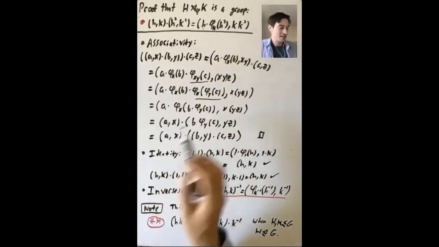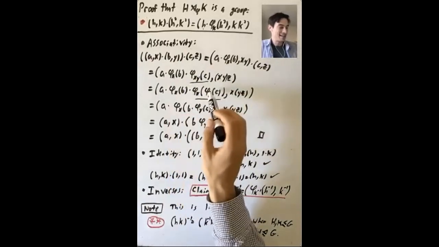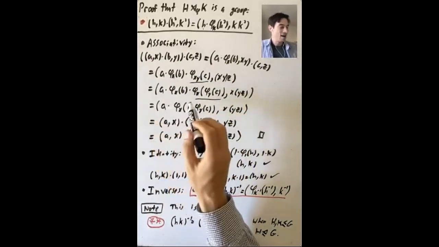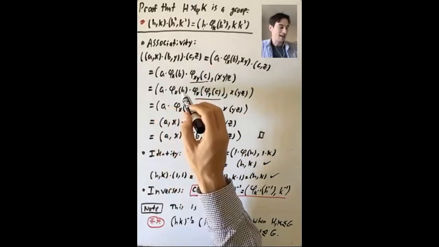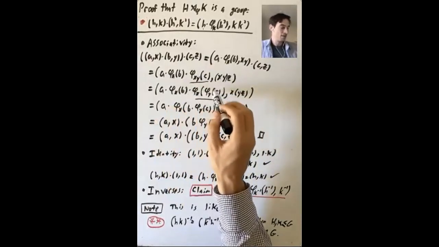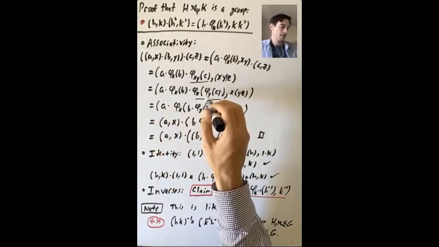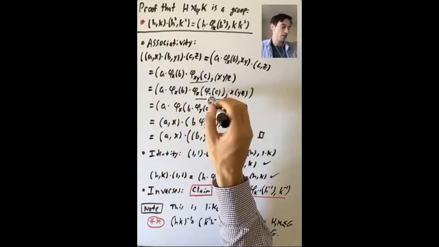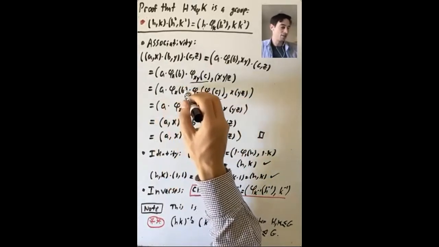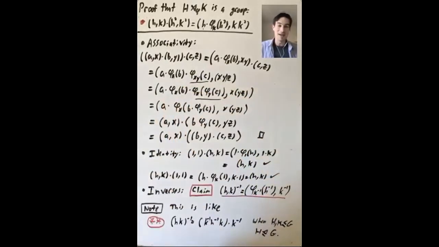Okay, and now the rest of it, well, what is this? a times phi_x of b is some element in H. Let me say it this way. b is some element of H. phi_y of c is some element of H. phi_x applied to a product is the same as phi_x applied to the first thing times phi_x applied to the second thing.